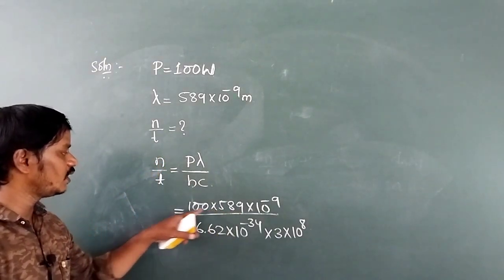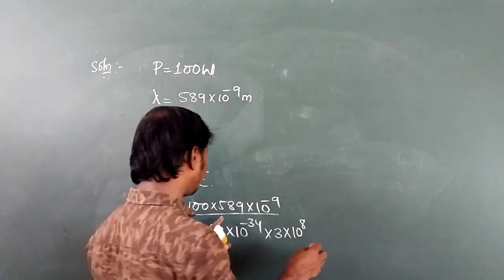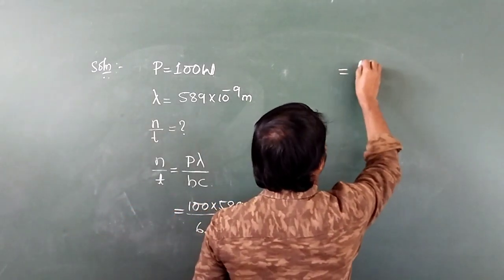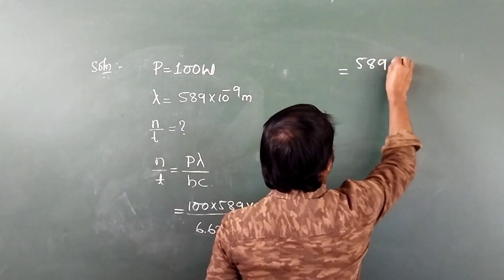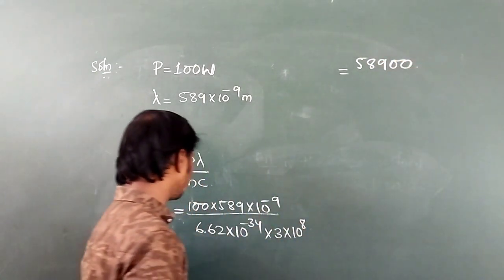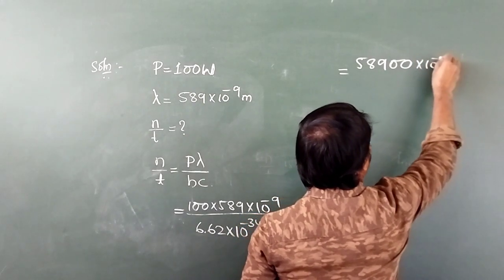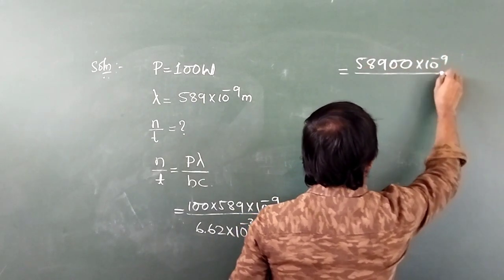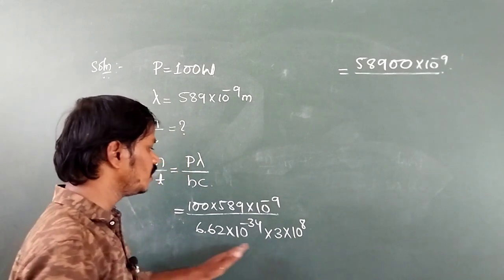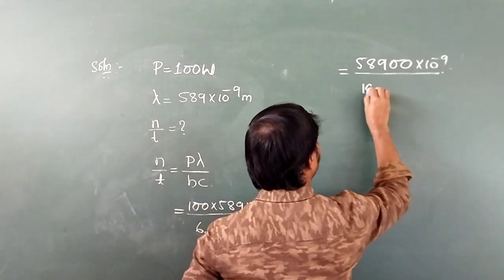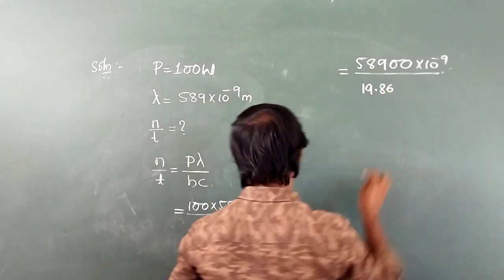Then 589 into 100, so that is 58,900, into 10 to the power of minus 9, divided by 6.62 into 3, that is 19.86. Remember this value.